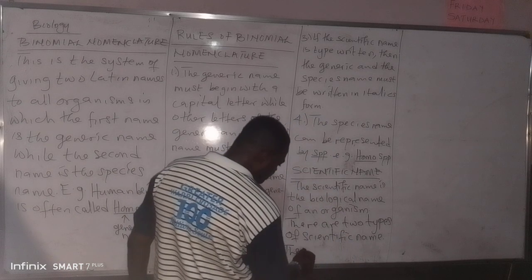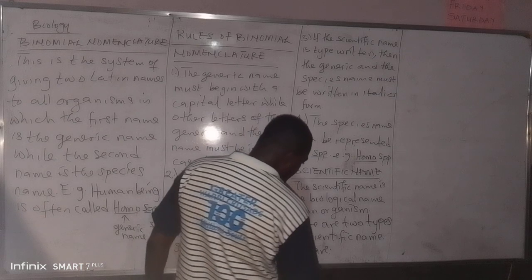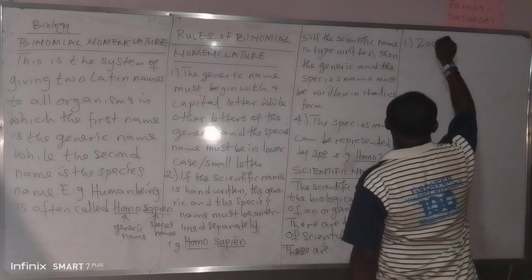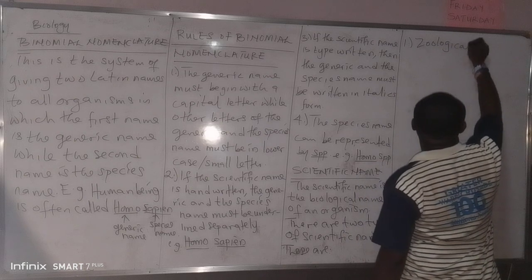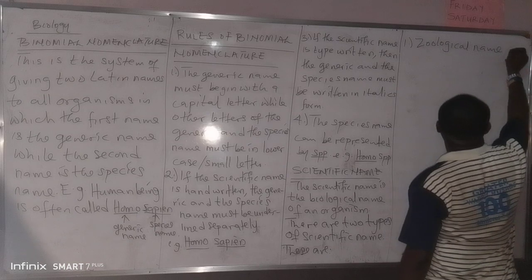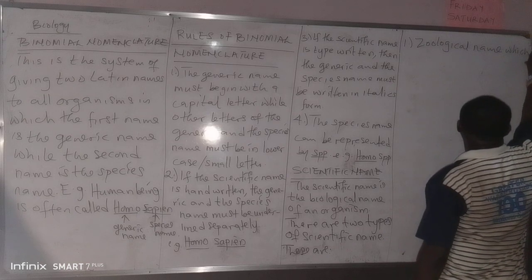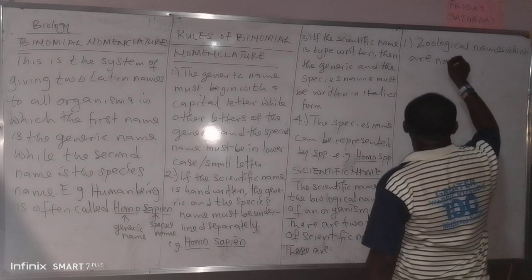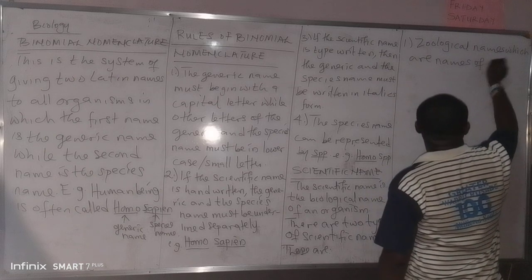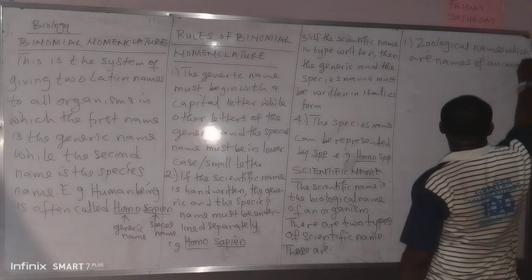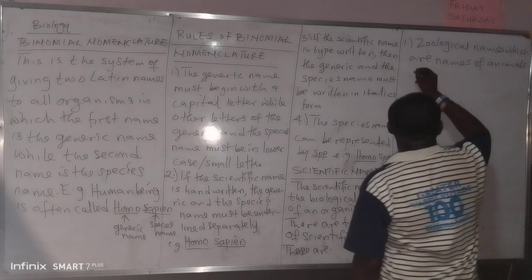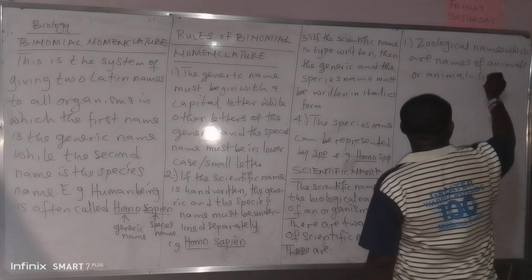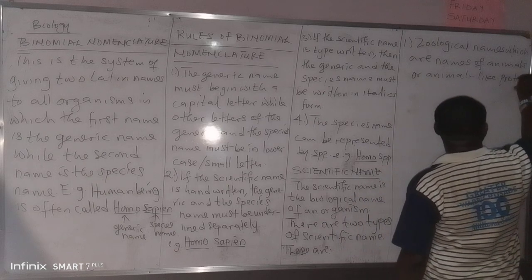These are: 1, we have zoological names, which are names of animals or animal-like protists.